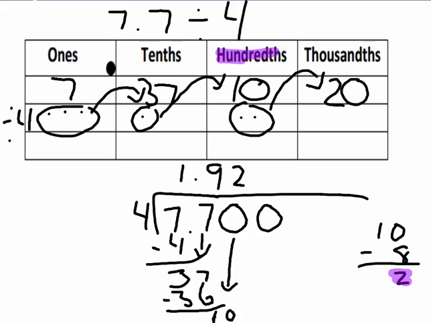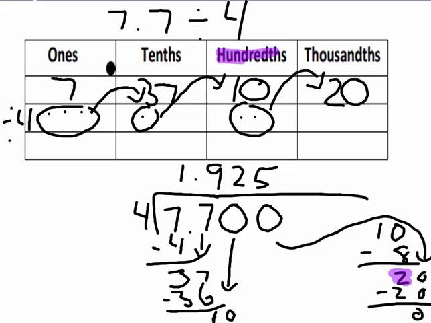So now I have 20 thousandths. Bring it down. This one looks funky because I ran out of room. 4 goes into 20 5 times. Multiply, subtract, and I have nothing left to go on. It's a 0. So now my answer is done. It's 1.925. 1 and 925 thousandths.